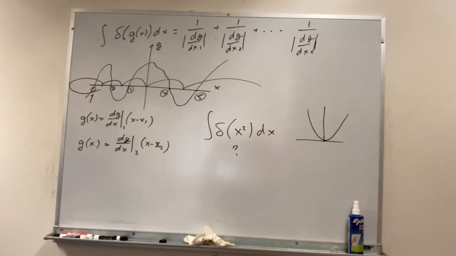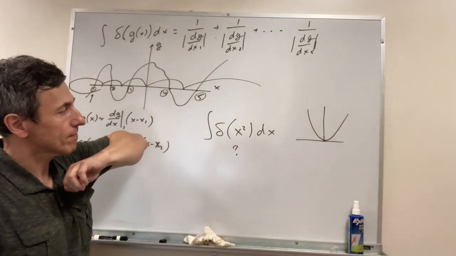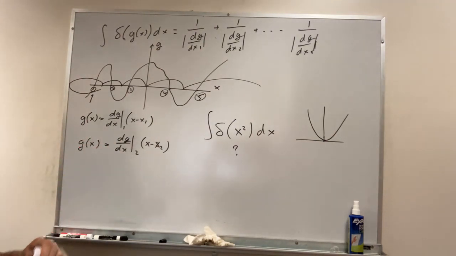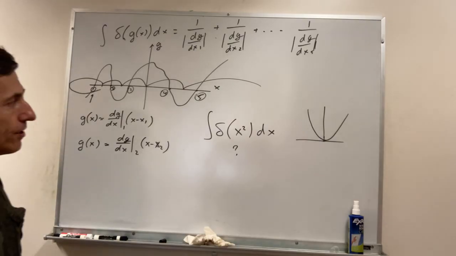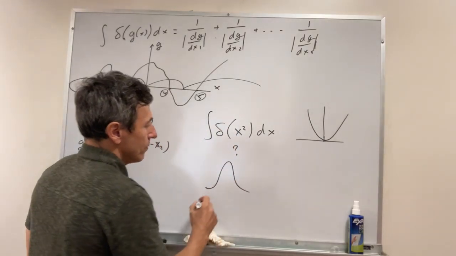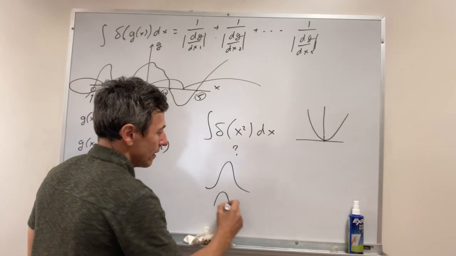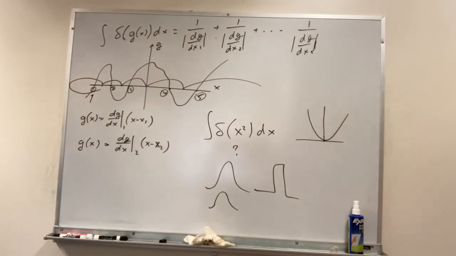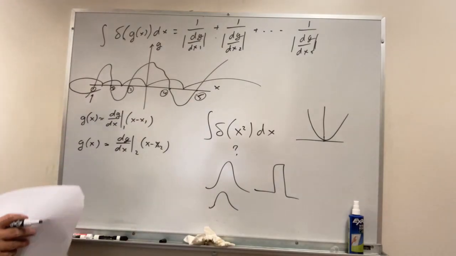So in this case, we need to be very careful. We need to look exactly at what is the physical meaning of this delta function. Physically, it's not a single point; it has some finite size. And in this case, to calculate this type of integrals, at least in physics, we need to use some kind of approximation of the delta function in terms of a Lorentzian, or a Gaussian approximation, something like that, or in terms of a step-like function. And then you need to calculate the corresponding integral, and then calculate the limit when the width goes to 0.